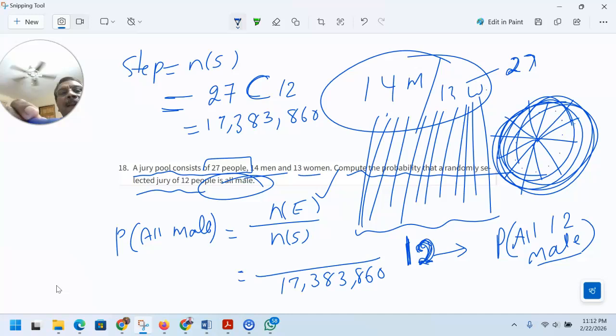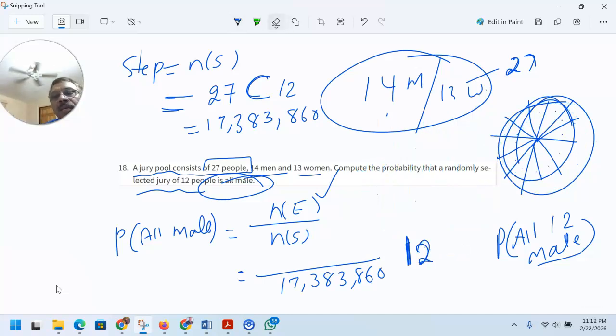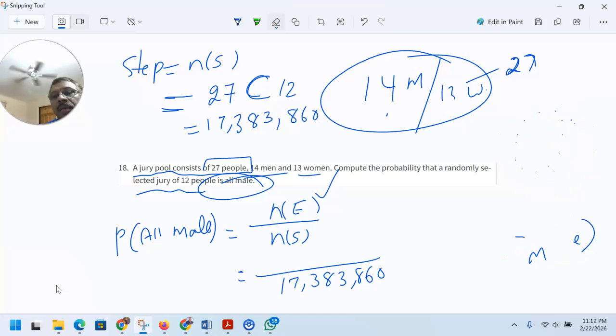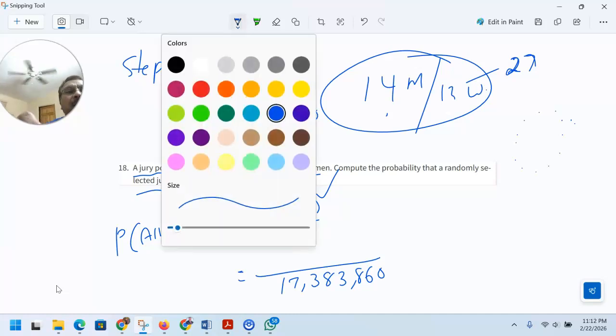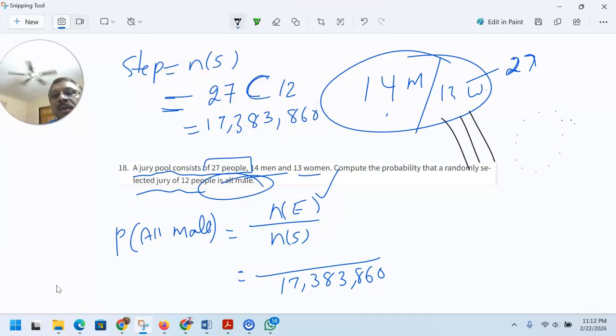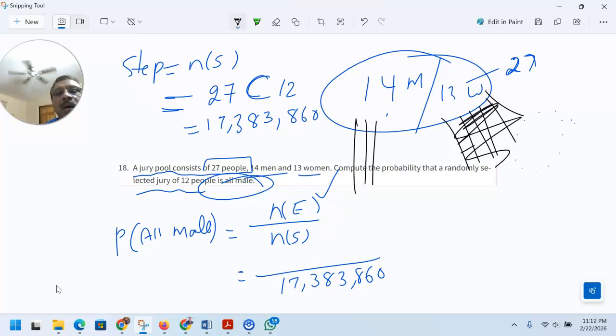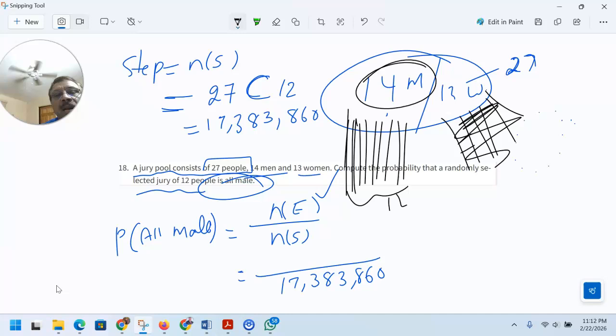The second piece is when you pick all men. So that part I'm going to do right here. When you pick these 12, they are all men. That means there are 14 men, right? So n of E means all men.